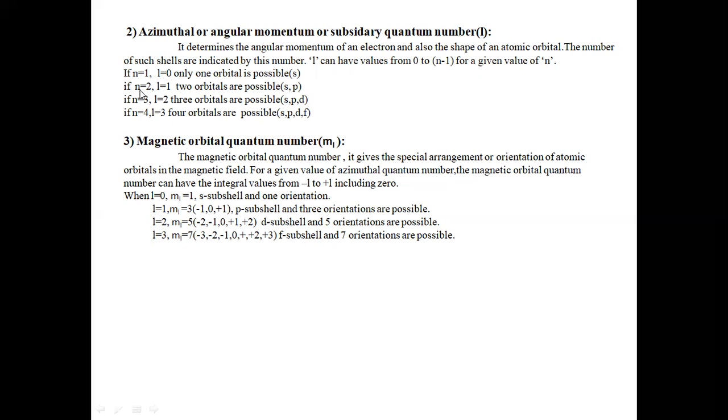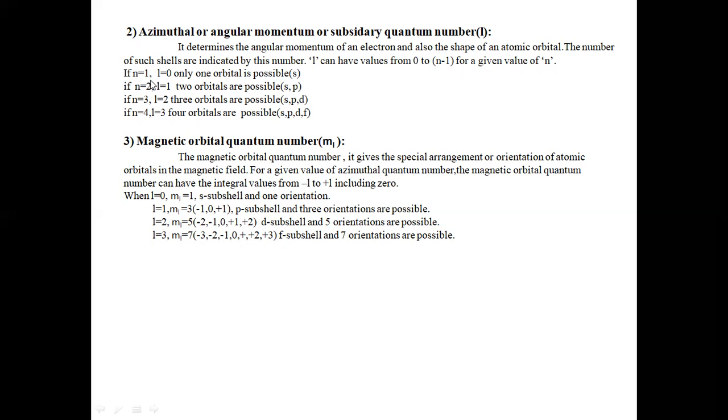If n is equal to 2, then l will be equal to 1 and two orbitals are possible. Here we have to substitute the value of n in the formula n minus 1. For example, if n is equal to 1, then 1 minus 1 will be 0.